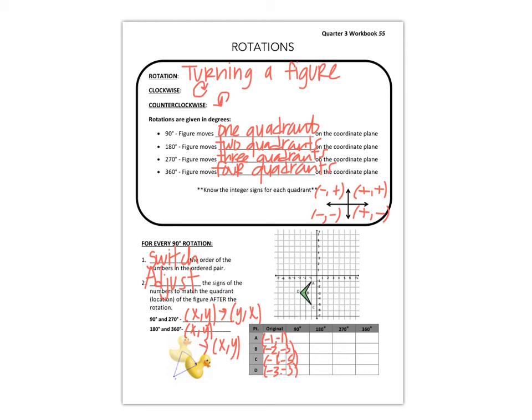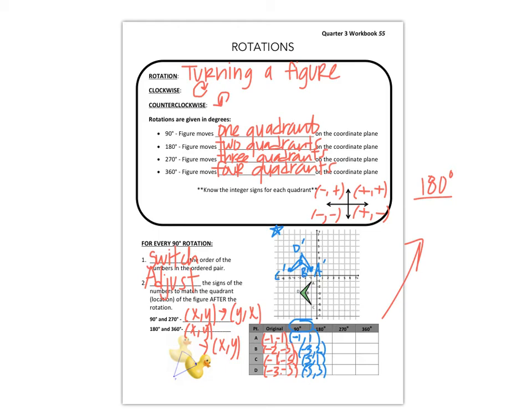So that means 1, 1, I'm going to switch this to 3, 2, 5, 1, and 3, 3. So that's for 90 degrees. Now we go back and adjust the signs. All the x's will be negative because you land in this quadrant, quadrant 2. Go ahead and plot that figure.